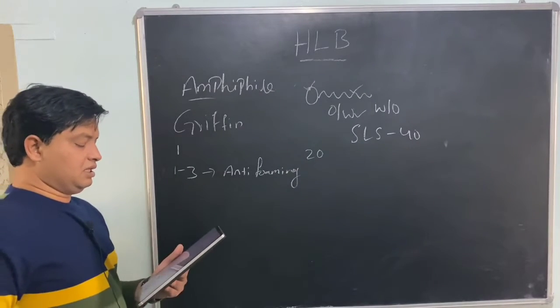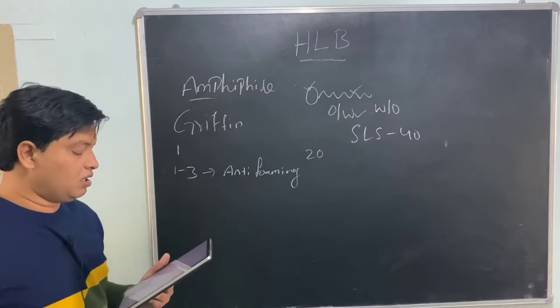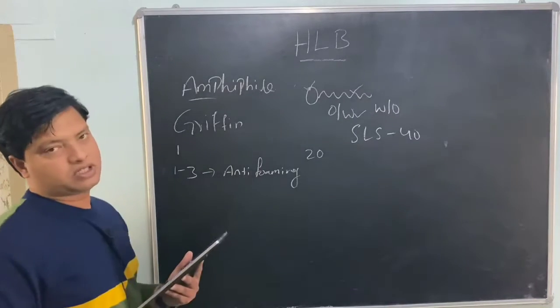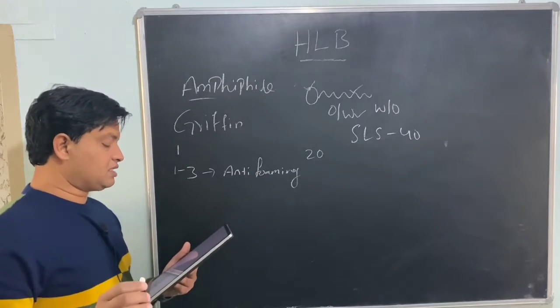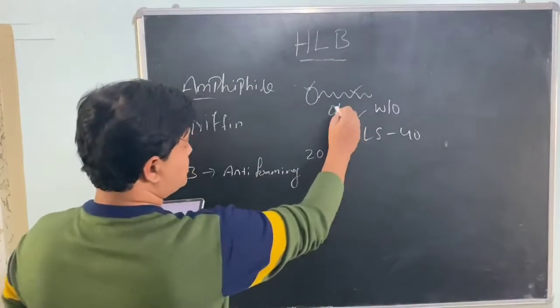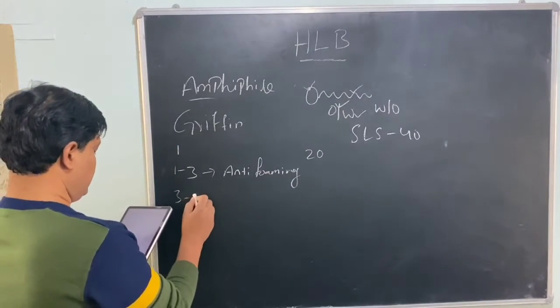Anti-foaming agents. Examples: fatty alcohols like stearyl alcohol, cetyl alcohol and cholesterol. Next is water in oil type emulsion. Its value ranges from 3 to 8.